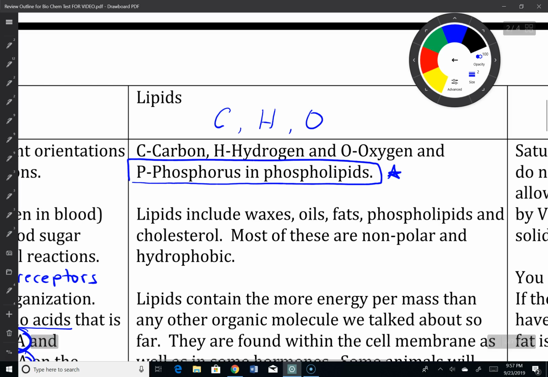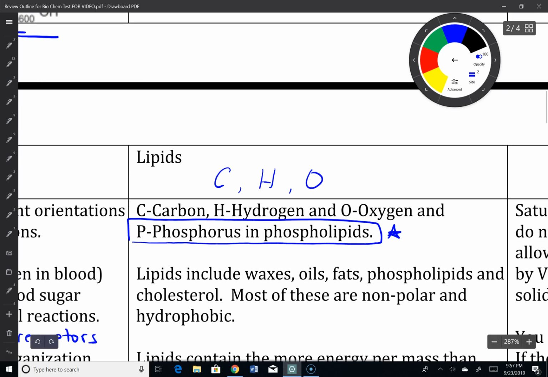That's only in a modified lipid called a phospholipid. But whenever I talk about lipids in general, if I do not mention phospholipid, we are assuming regular lipid, carbon, hydrogen, and oxygen only. And the C's and the H's are way higher than the ratio of oxygens. So that's how you know it is a lipid. It is not a 1 to 2 to 1.